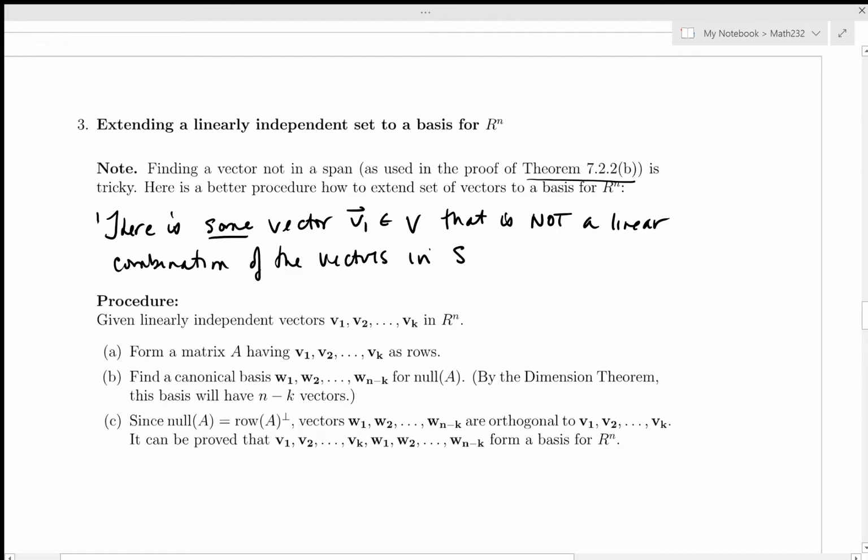It doesn't tell you how to find that vector, and then it just says add this vector to the set.